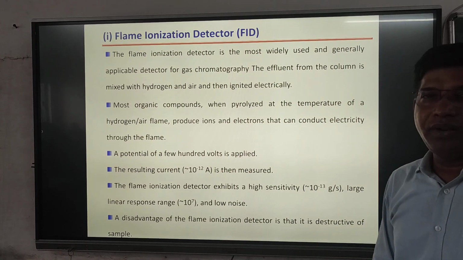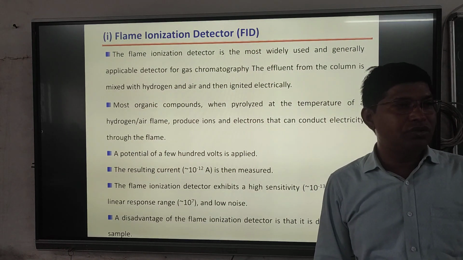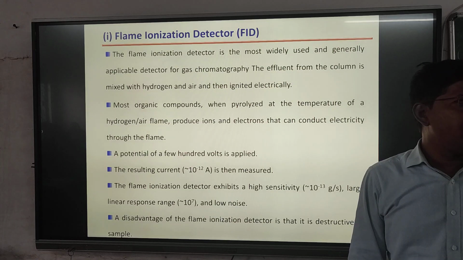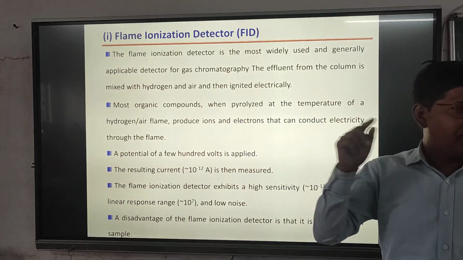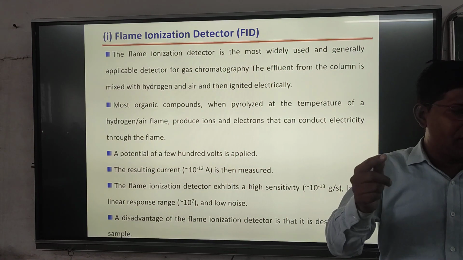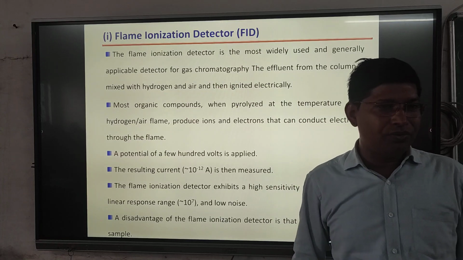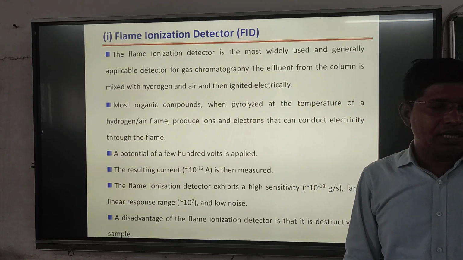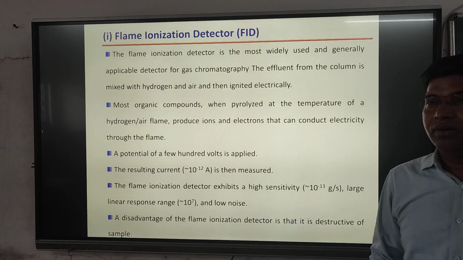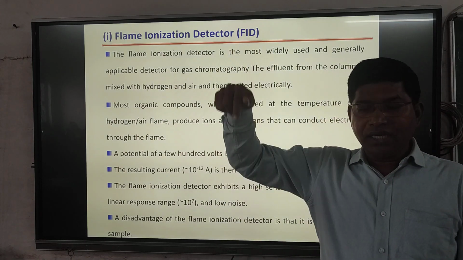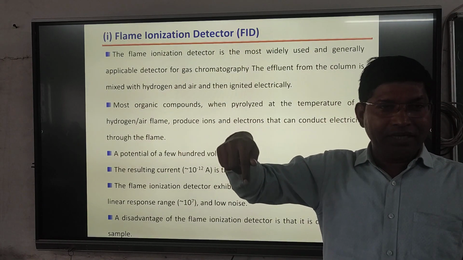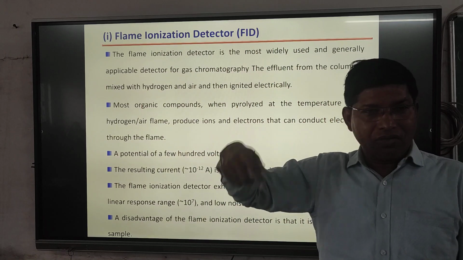Then the flame ionization detector. Here you should know the principle of the flame ionization detector. Here, the term flame ionization means the flame is used to ionize the compound mixture coming from the column. First we inject the sample into the instrument, then it goes to the column.